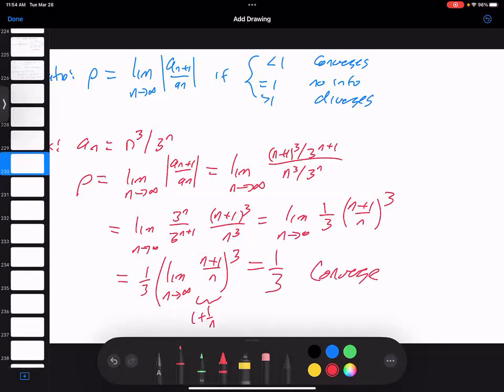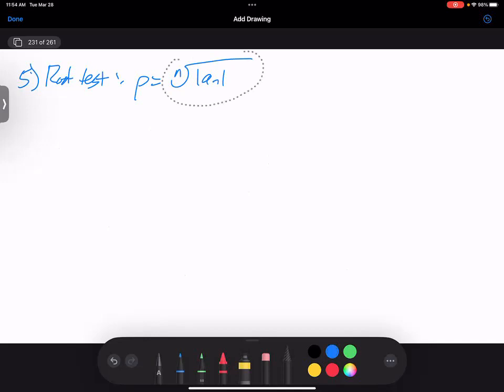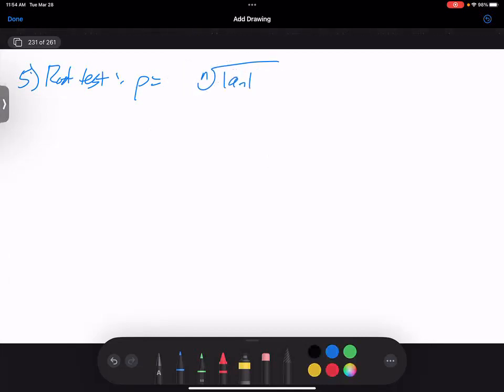And then the last test, and this is the hardest one to use, is the root test. It's very similar. Rho is going to be the limit as n goes to infinity of a_n to the 1 over n.